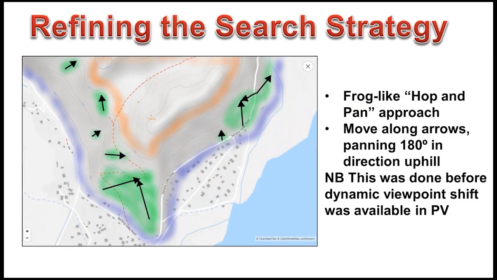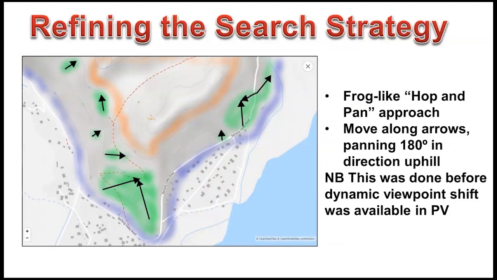We don't have to pan 360 degrees. We can pan about 180 degrees around the direction of the arrow. And we choose our search steps as something where it's big enough that the view has changed sufficiently to merit searching. So this is how you would go about it.